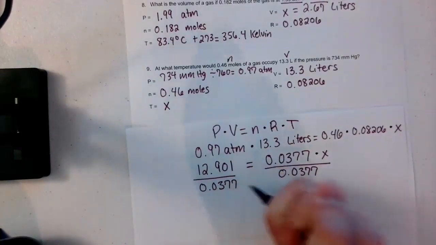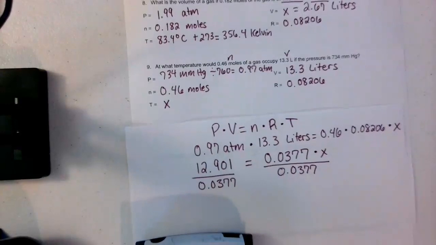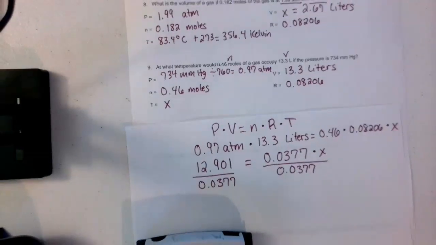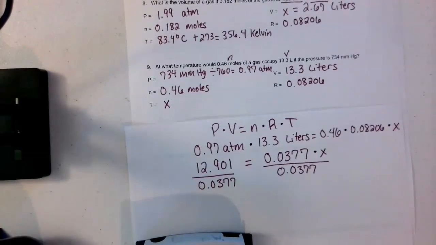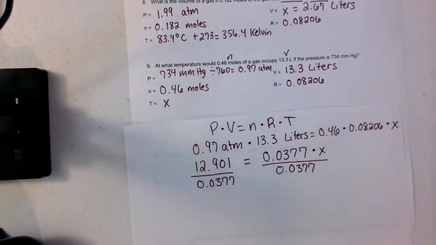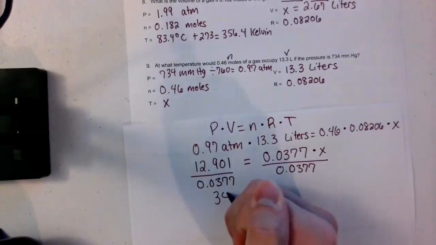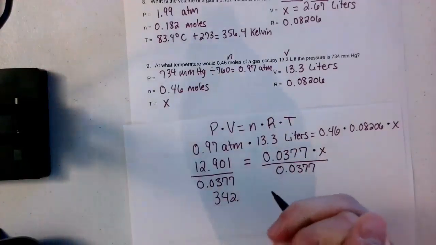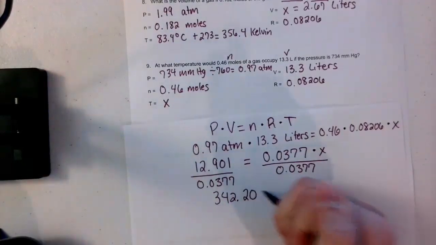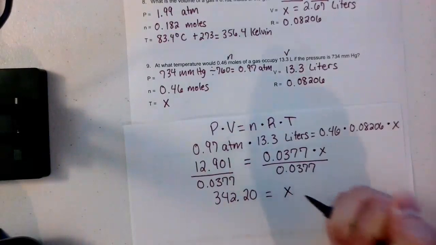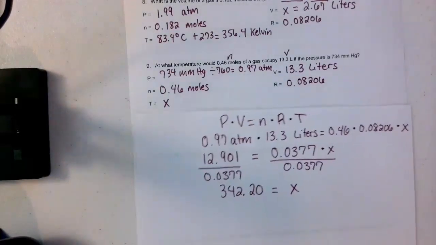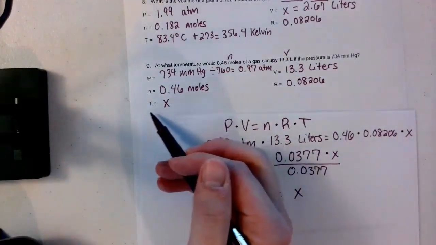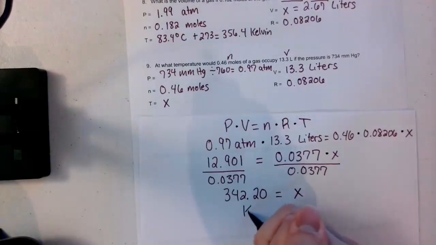So now we're going to get 12.901 divided by 0.0377, and that's going to give me 342.20 equals X. Alright, and since temperature was X, the units for this are going to have to be in Kelvin.